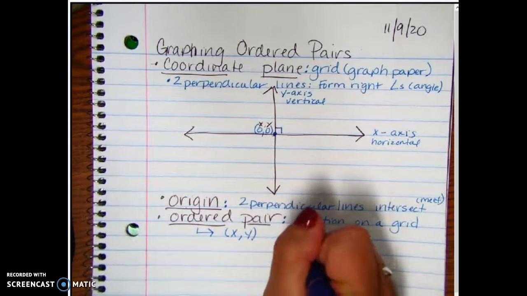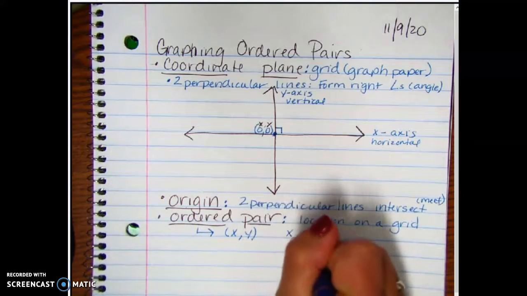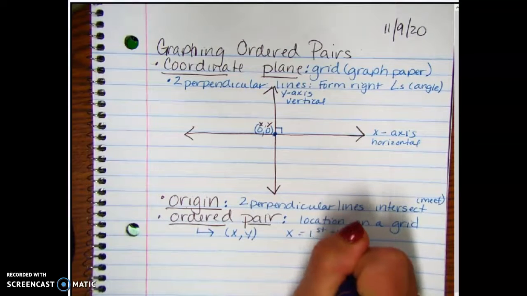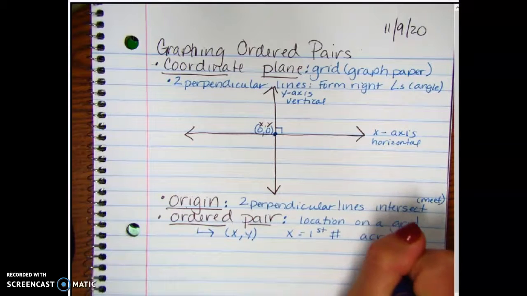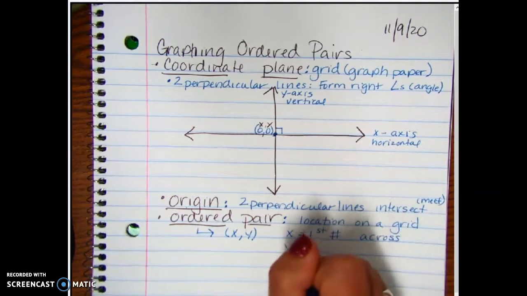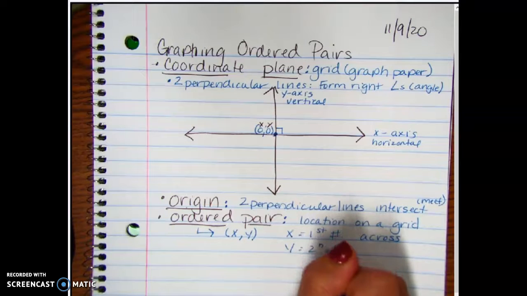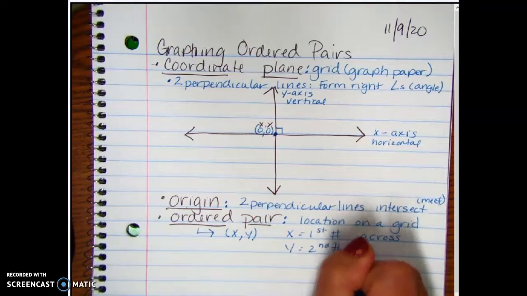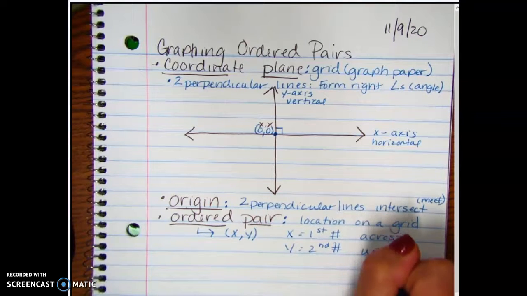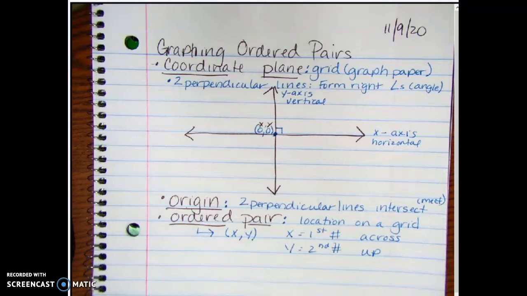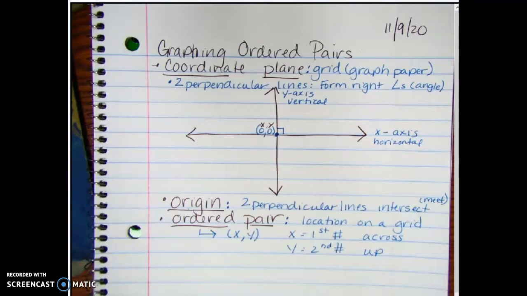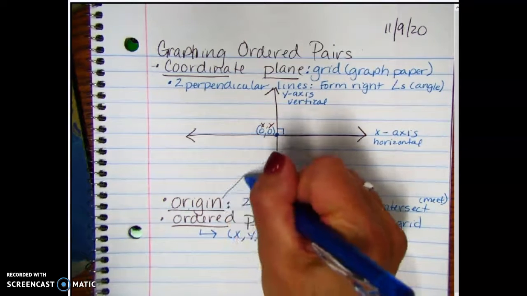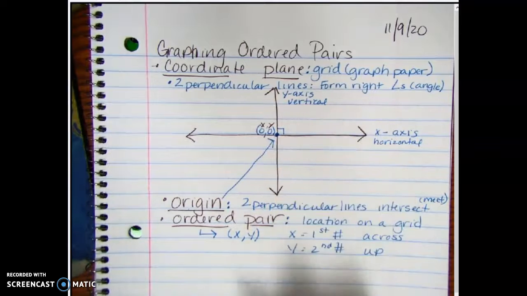So you need to remember that x is your first number, and it goes across. And y is the second number in the ordered pair, and it goes up. Now, it would go down too, but today we're just working on going up. Okay? So, I'm going to draw a line to make sure that you know that that is your origin.